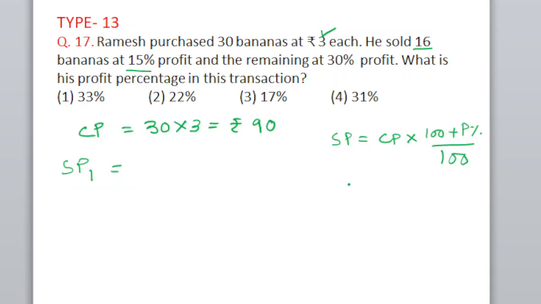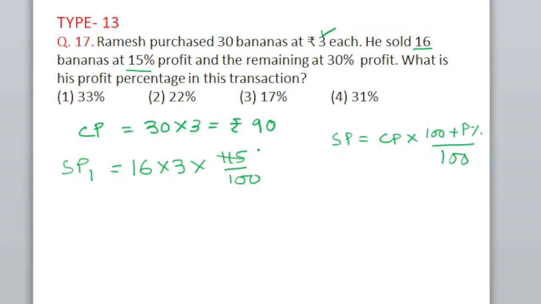For details, you can watch my previous videos. So here CP, here 16 into 3. This is the CP of 16 bananas. So 16 into 3 into 115 divided by 100.